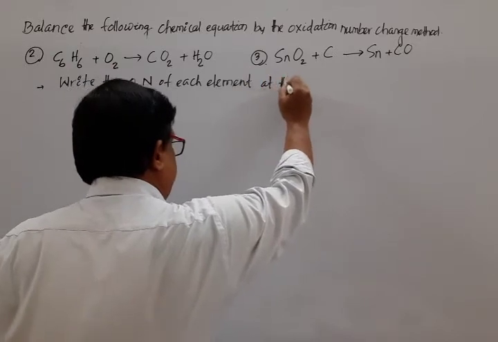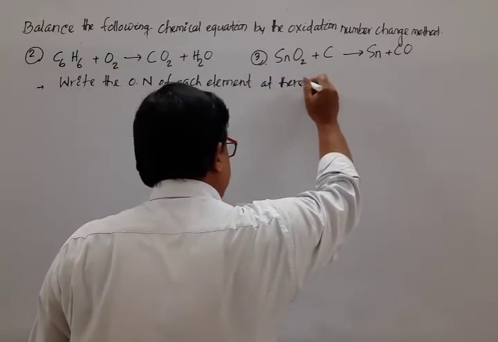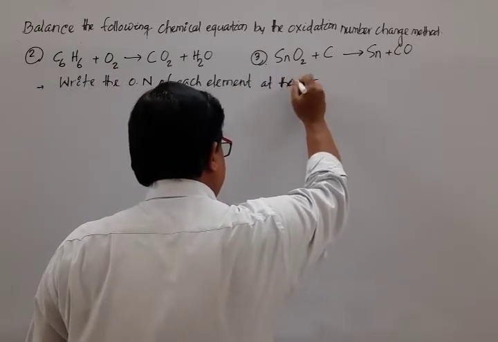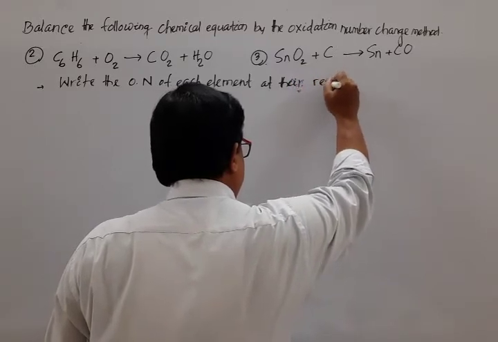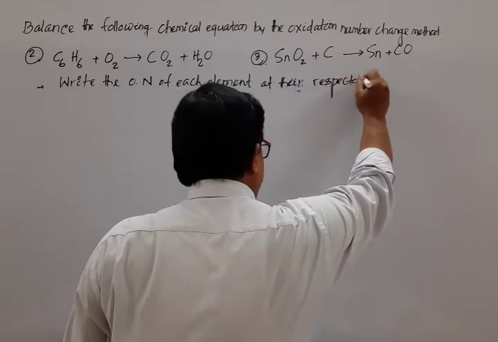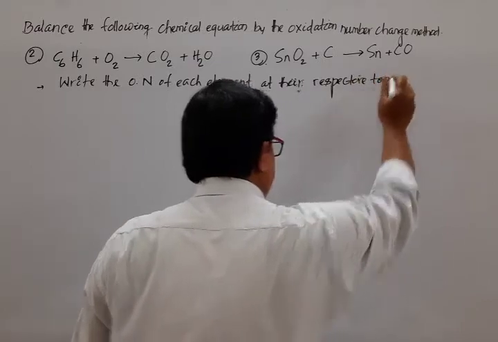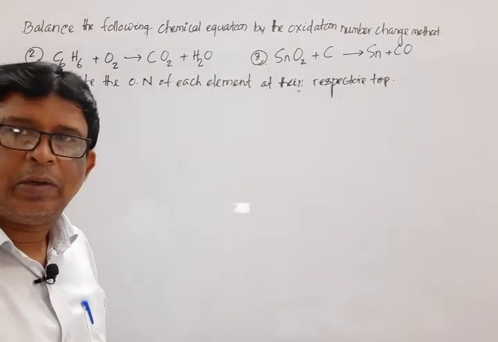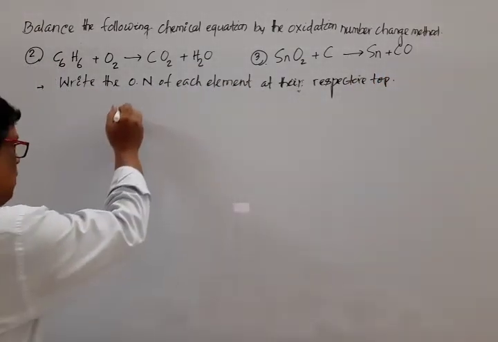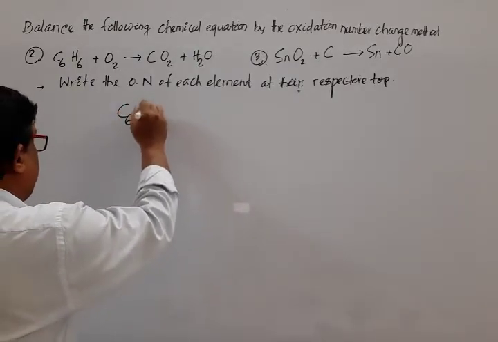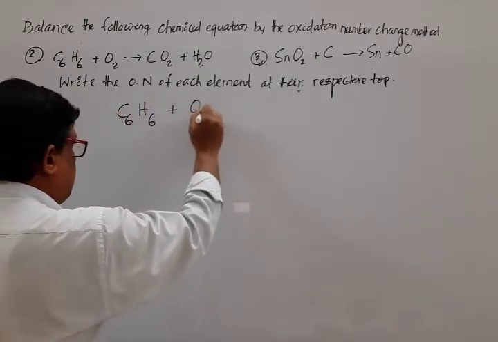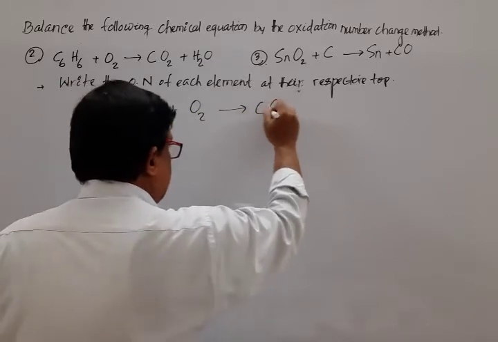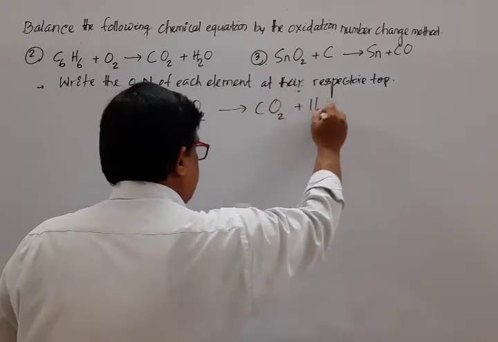at their respective top. So I rewrite again: C6H6 plus O2 give rise to CO2 plus H2O.